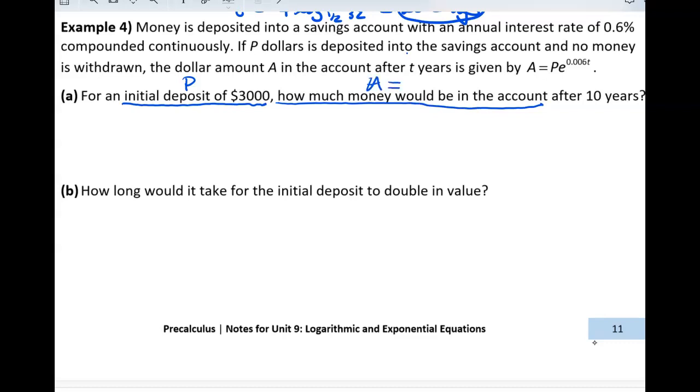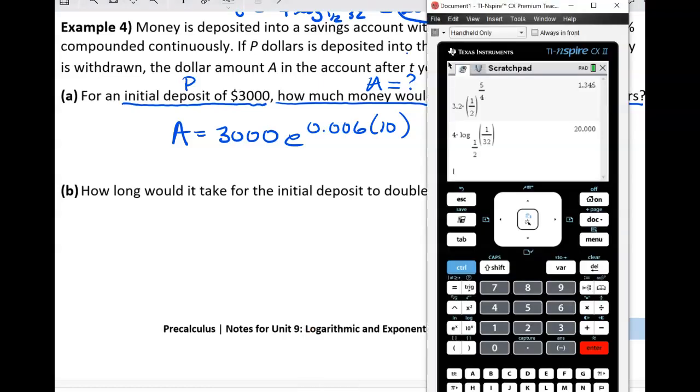That's the value of A. So we're looking at A is equal to I don't know what, after 10 years, that's the value of T. So we have T, we have P, we're looking for A. So A is equal to 3,000 times E raised to the 0.006 times 10. Again, no solving to do on this one. Since we're looking for A, we just have to enter the stuff on the right side of the equation into the calculator. All right, so let's grab that.